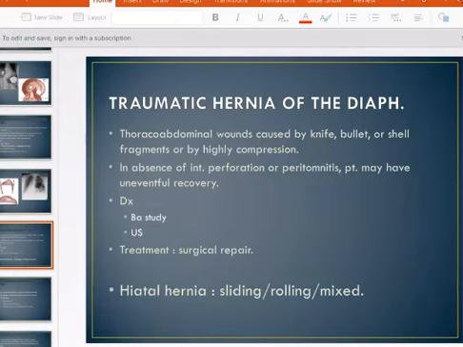This is very important. You should, when taking a history, ask if this patient has had a trauma, especially a compression one.